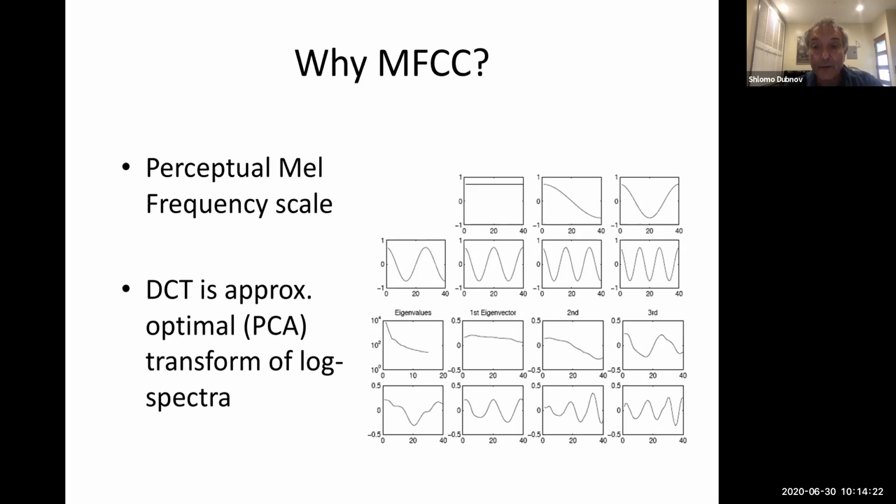It finds waveforms or templates that capture most of the variance, most of the energy in a statistical sense in your data. So if we take a lot of music and analyze the distribution of energies, we end up finding waveforms which are approximately the same waveforms that the MFCC calculates.